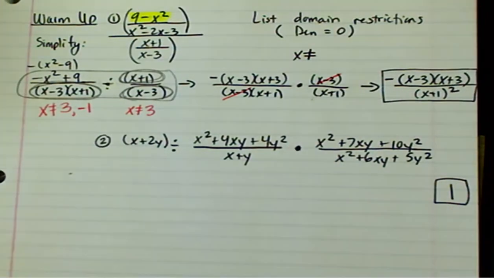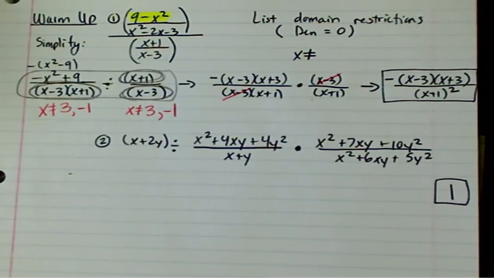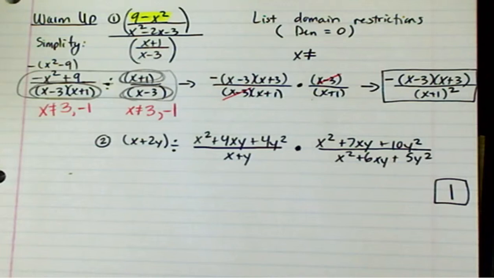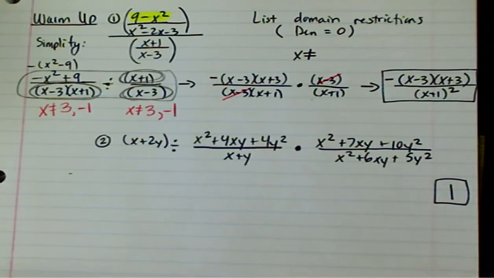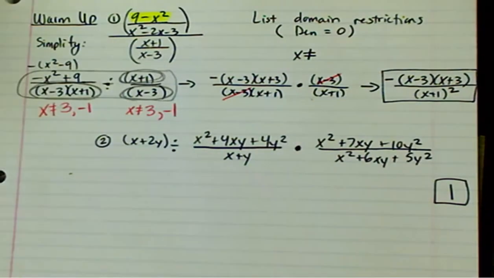And so I have to also include negative 1. It's because of the division sign. The division is going to make both of those pieces denominators at one point in the question. And so you've got to be sure to look at both the top and the bottom of that divided fraction.